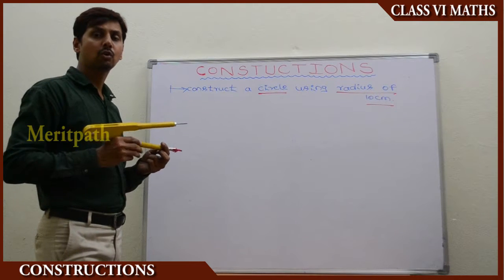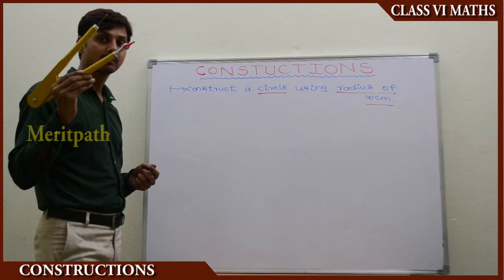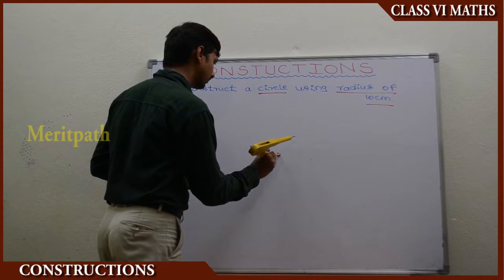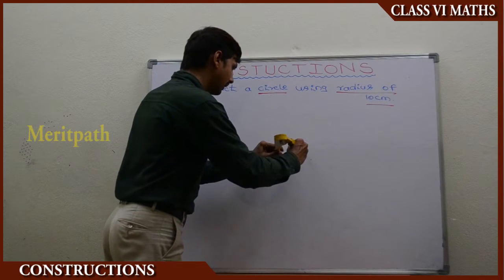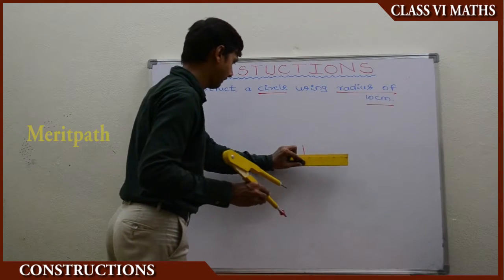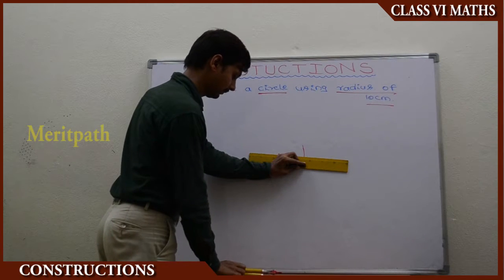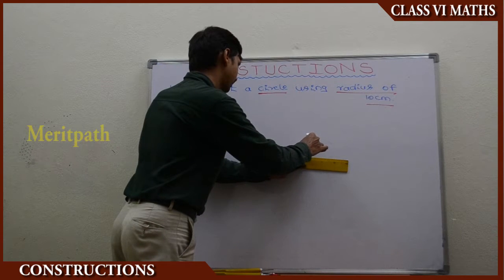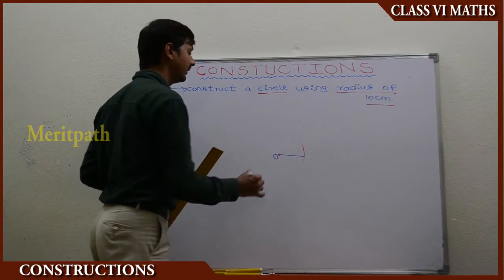So let's draw a line segment using this. Take a point, and using this point make an arc on this side and join these two, and we get a line segment. Take this initial point as well.